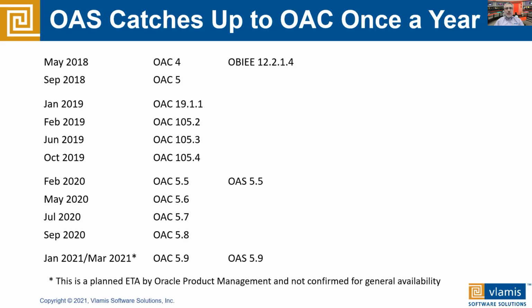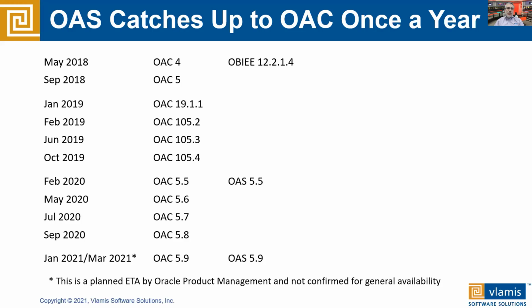Then since then, of course, we've had new features in OAC 5.6, 5.7, 5.8, and 5.9. And that's now the shipping version of OAC, or what you get when you use the Oracle Cloud. And all of that will get collected into an Oracle Analytics Server release of 5.9. Now you'll note that that's planned by Oracle Product Management for March of 2021.